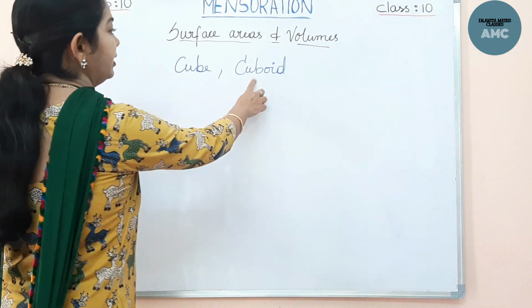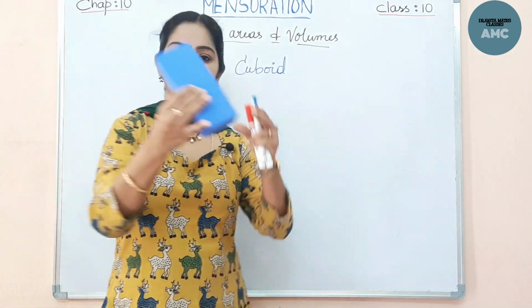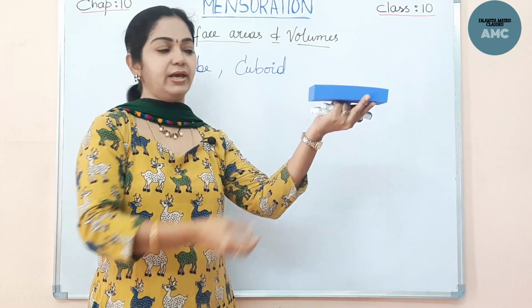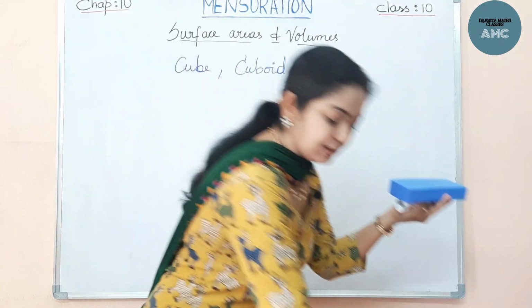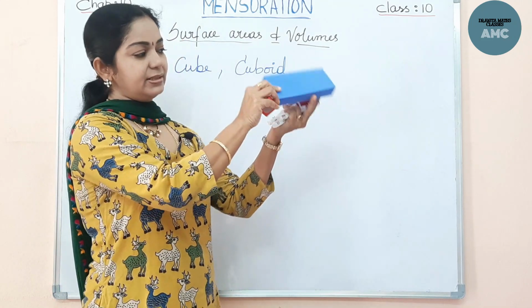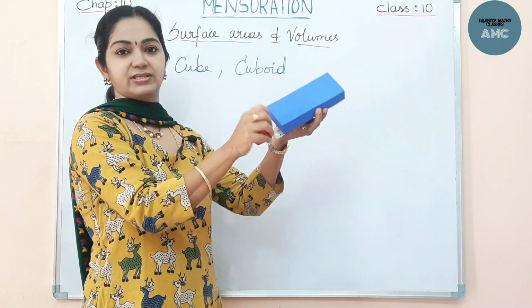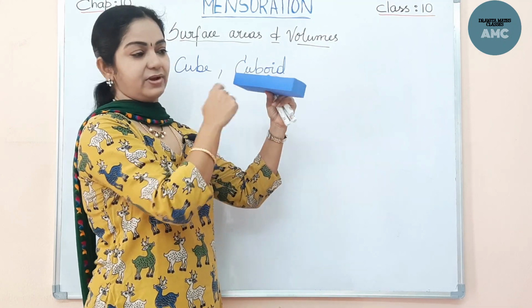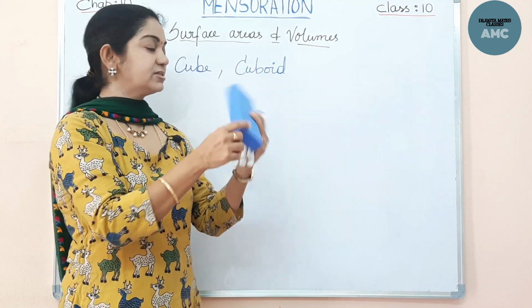Here the cuboid, this is the duster which you use to erase. The duster is in the shape of a cuboid. The cube has all the lateral faces as squares, whereas the duster has the lateral faces as rectangles. All the 6 faces are rectangles here. Now this is a cuboid.